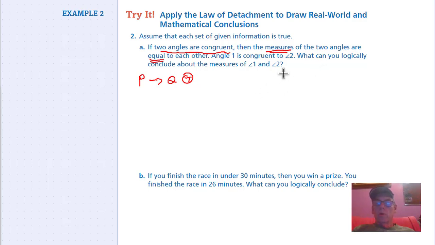Angle 1 is congruent to angle 2. So we've got this case where the two angles are congruent to each other, and the statement is true, so it must be that the conclusion is true, and that tells us that the measures are equal.